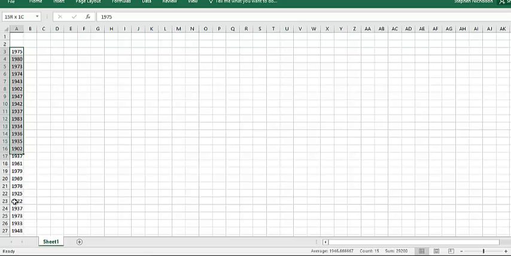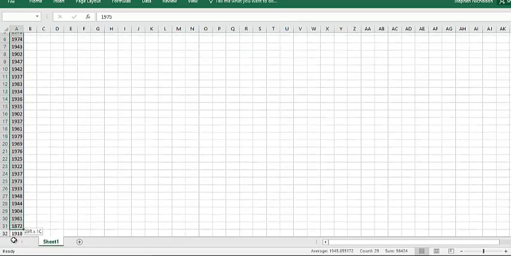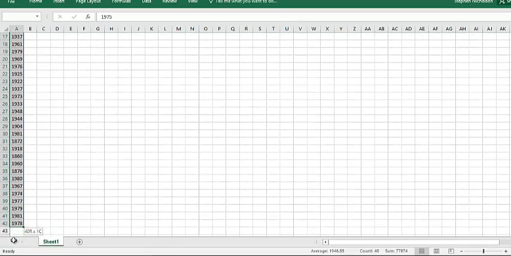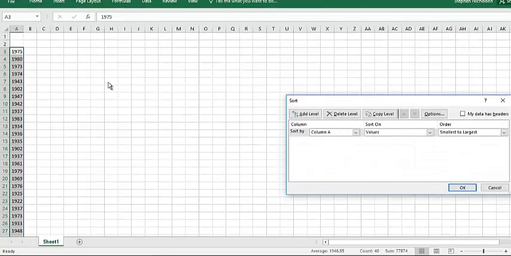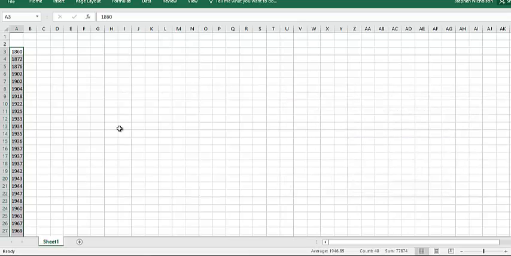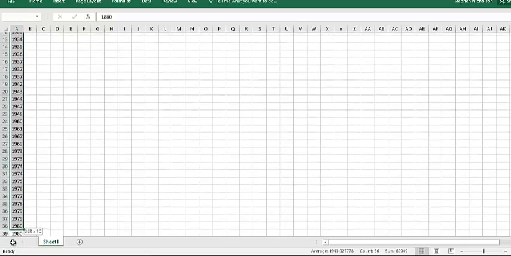Okay. So the thing I want to do here is order it from smallest to largest. Again, you could do this manually, but Excel has a feature called sort, and it will sort it according to its magnitude. So now it's ordered, so that way I don't make any mistakes.